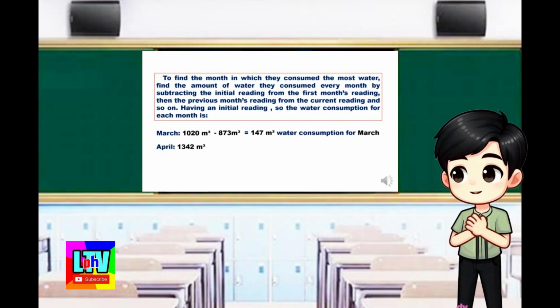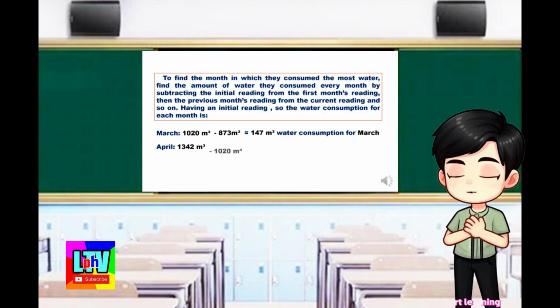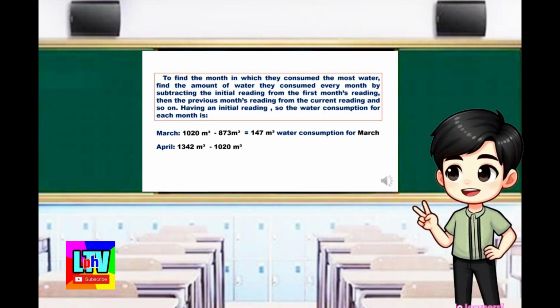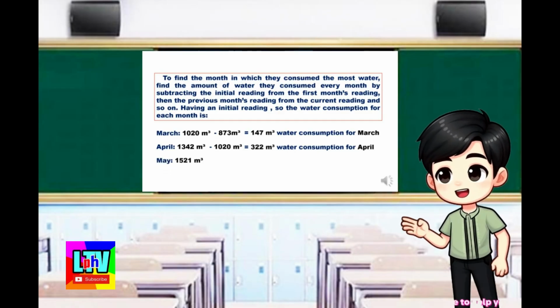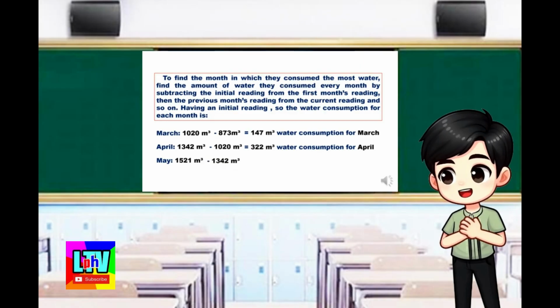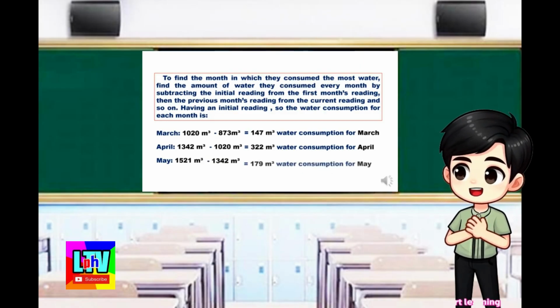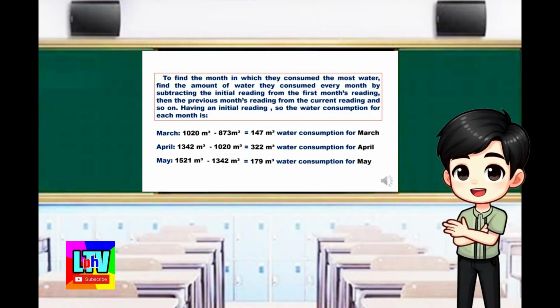Then for April, 1,342 cubic meters minus 1,020 cubic meters equals 322 cubic meters water consumption for April. For May, 1,521 cubic meters minus 1,342 cubic meters equals 179 cubic meters water consumption for May.